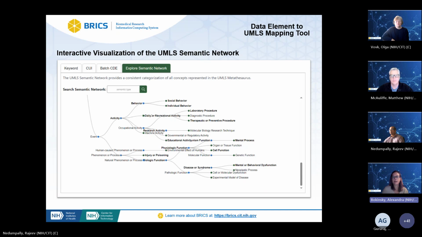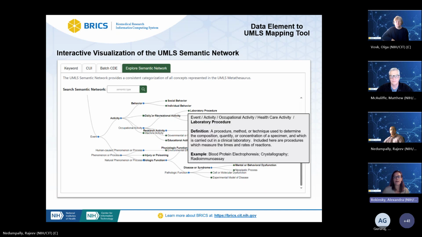Next slide, please. If you hover over a particular node, here I've captured what happens when you hover over laboratory procedure. It will tell you where it is in the hierarchy, and also provide the UMLS definition of the semantic category, and some examples. I think this is very useful when I've been exploring mapping data elements to UMLS CUIs, especially the examples.